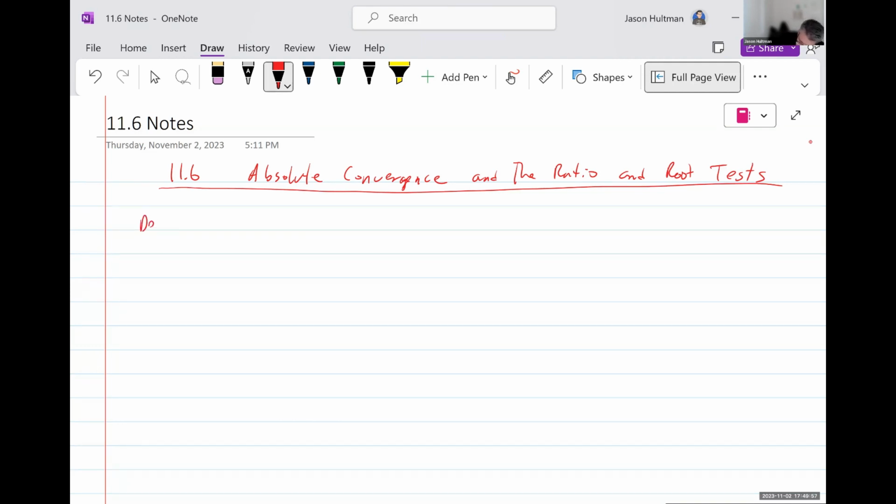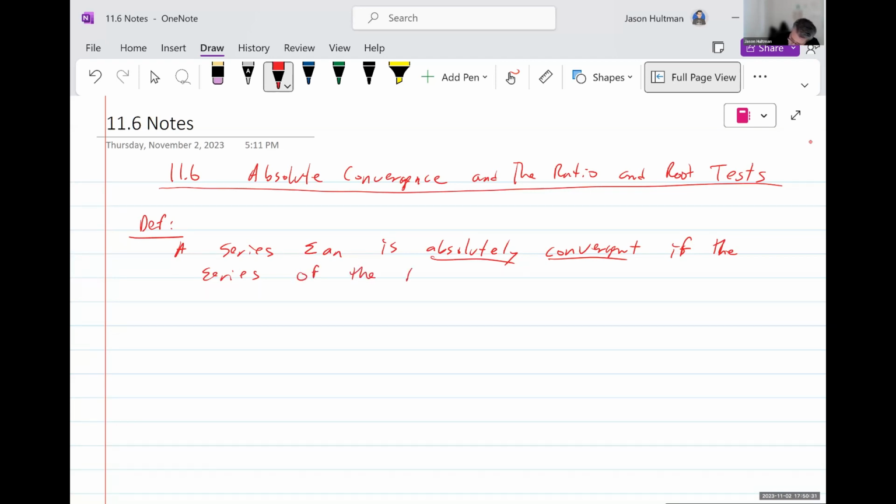Okay, so definition. A series, summation of a sub n, is absolutely convergent if the series of the absolute values, summation of absolute value of a sub n, is convergent.